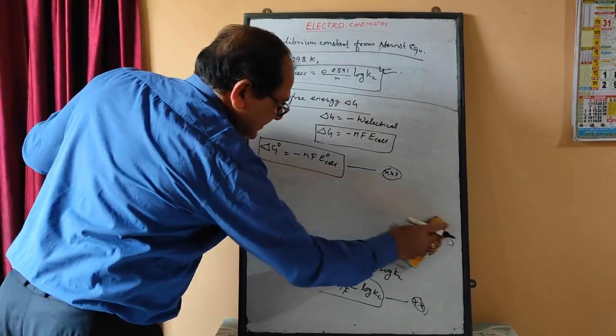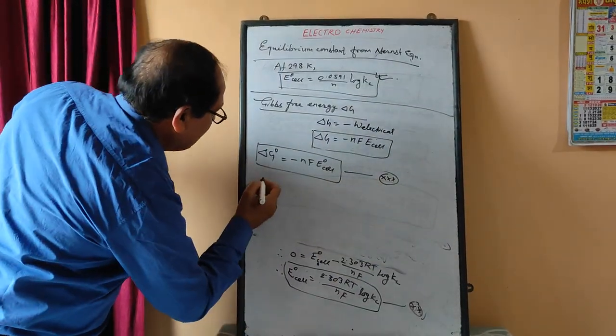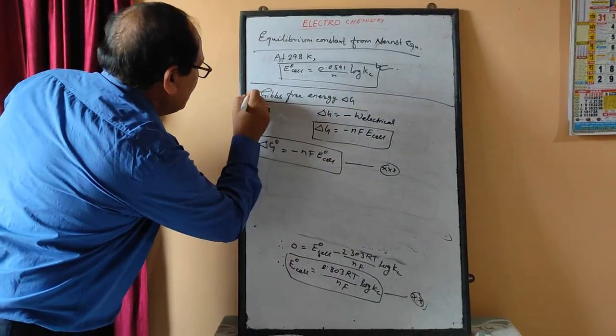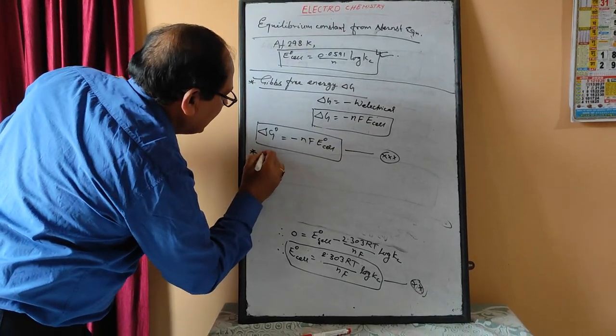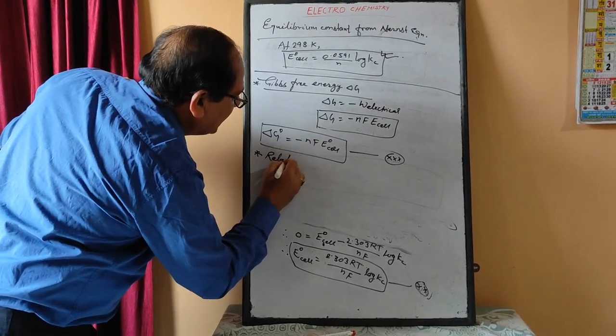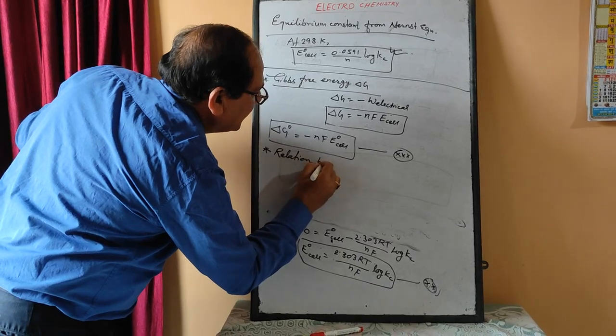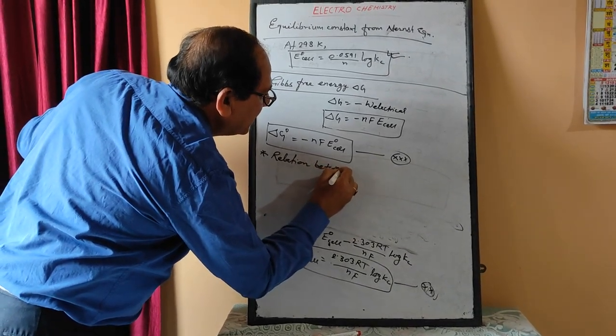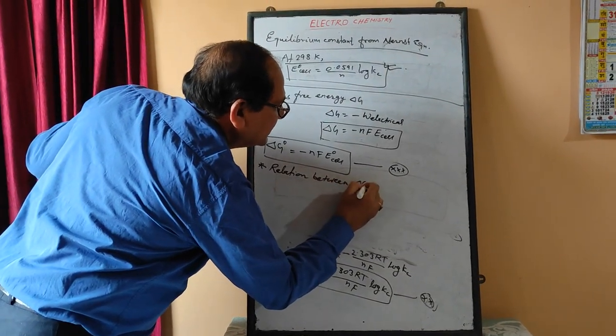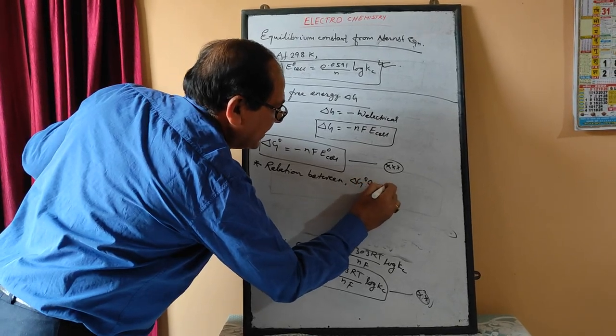Now the next topic is the relation between delta G naught and Kc.